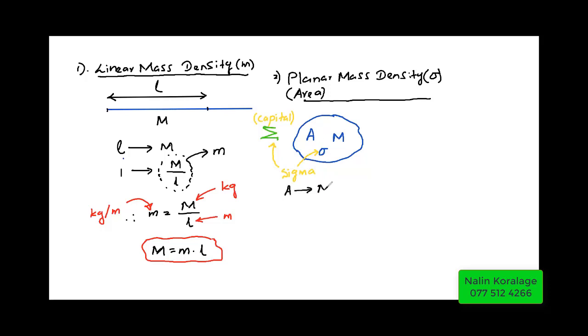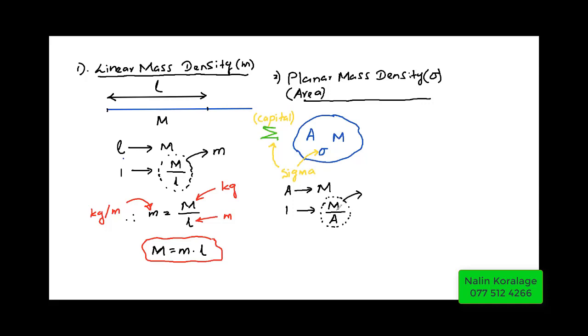the mass of the object is going to be capital M. So I want to find one mango's price. So it's going to be capital M divided by capital A. That is the mass per unit area.